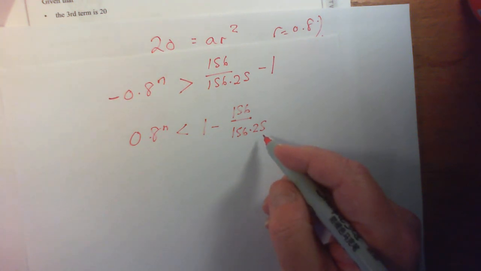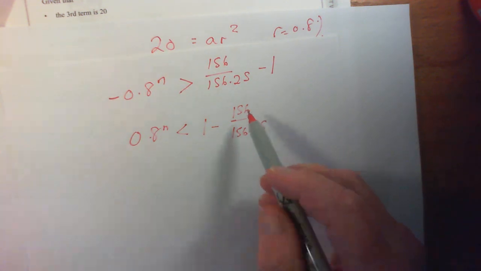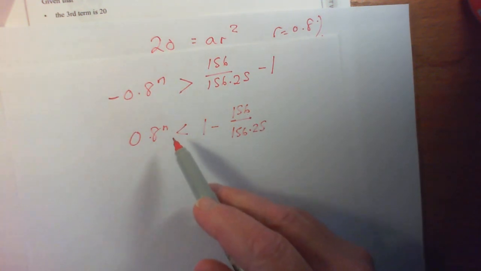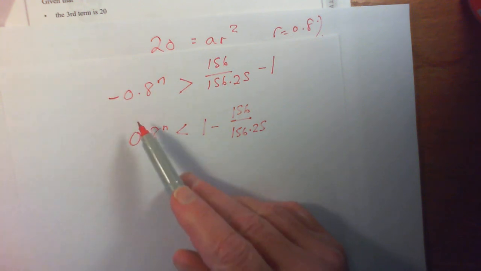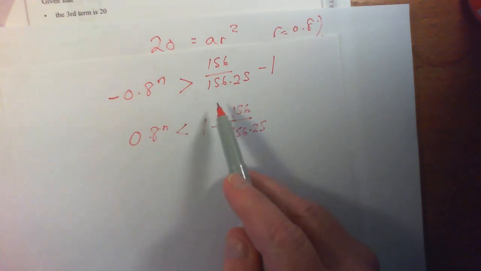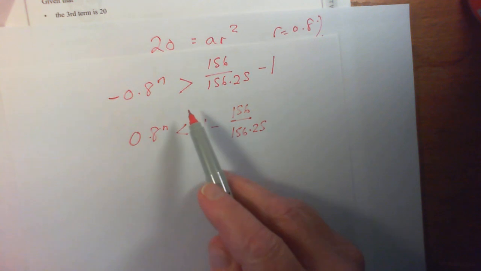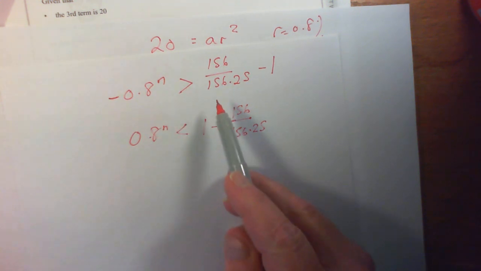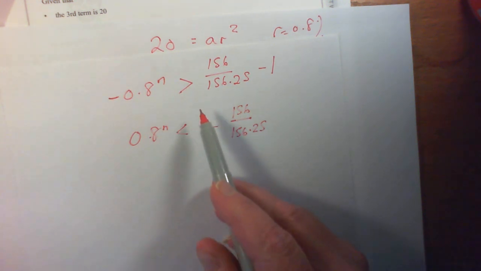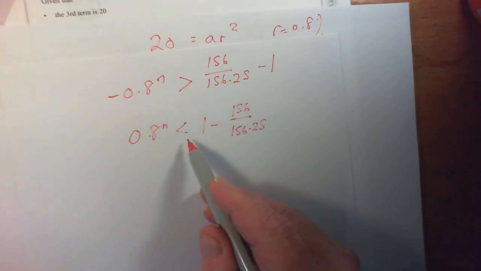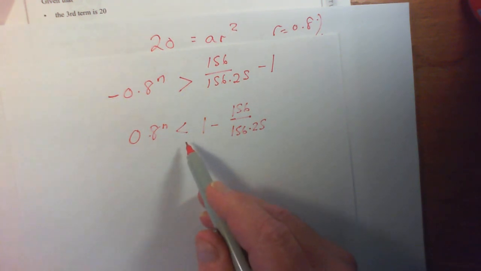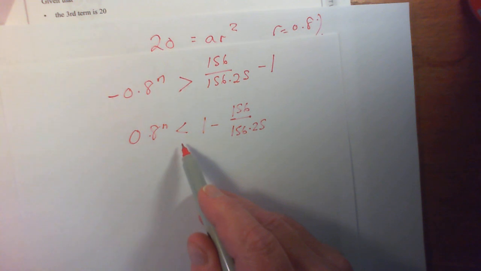Because I want to take logarithms on the left hand side, I want to get rid of this minus sign. Whichever way you do it, multiplying through by -1 or just reversing the signs, what I have to do in that case is reverse the inequality sign.